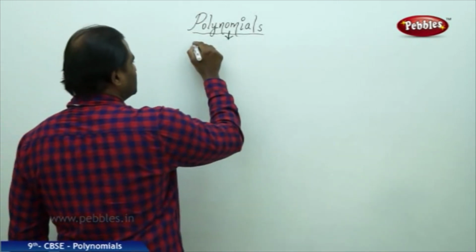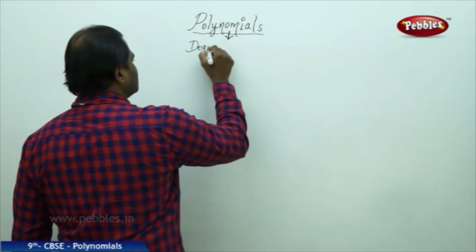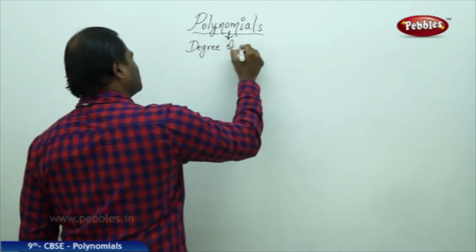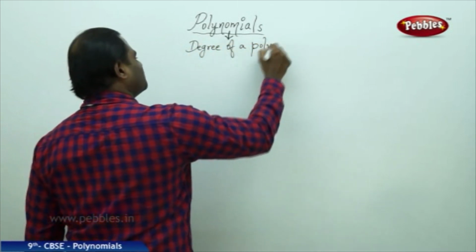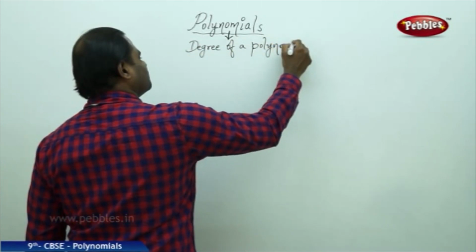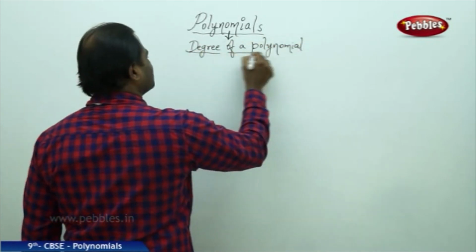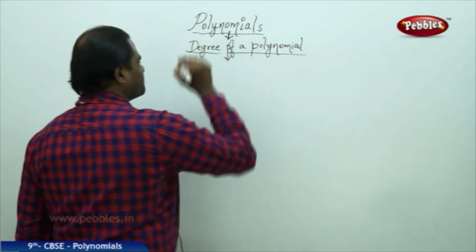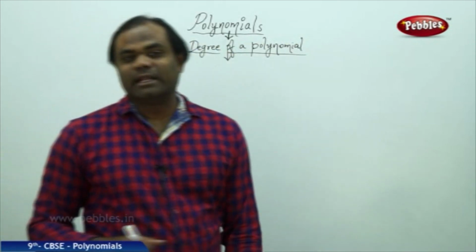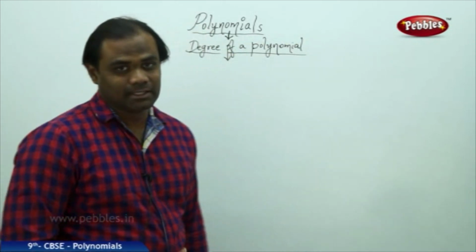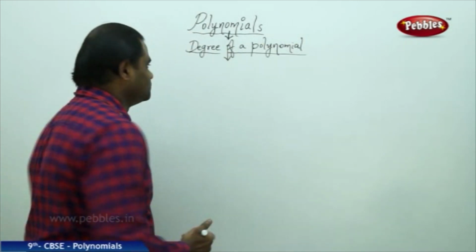Next, degree of a polynomial. Let's see what is the degree of a polynomial in the branch of polynomials. Degree. Let's see what exactly the degree is by taking an example problem.